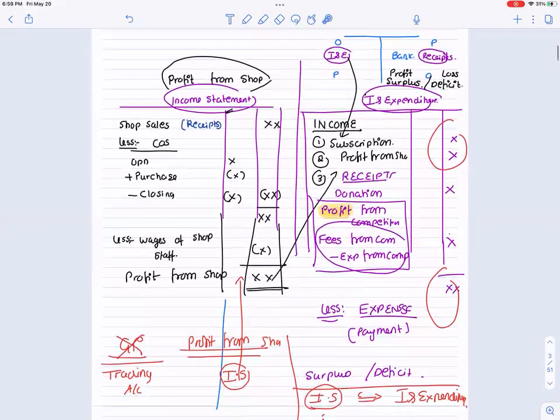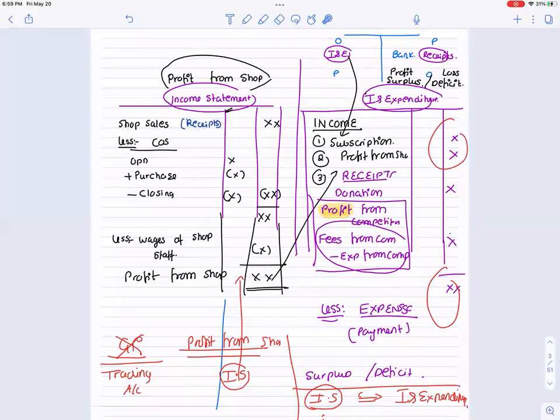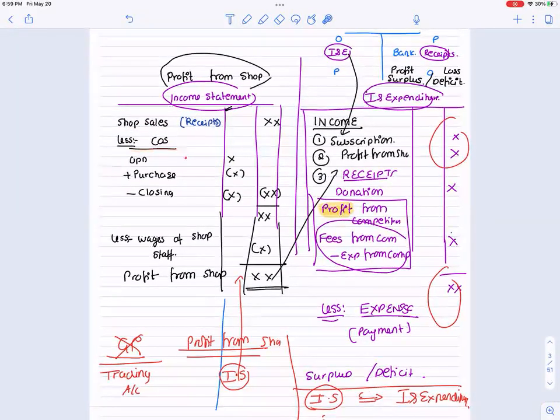Profit from shop, how will you get? Shop sales, which will be on the receipt side. Everything income related to shop will come in the income statement. So we minus cost of sales. Cost of sales is opening plus purchase minus closing.